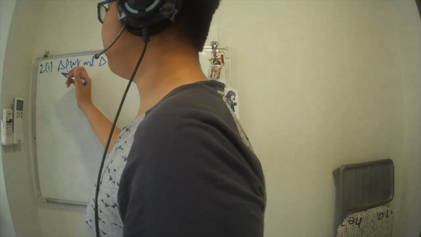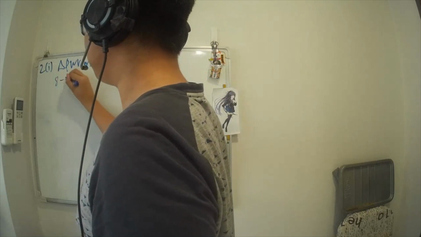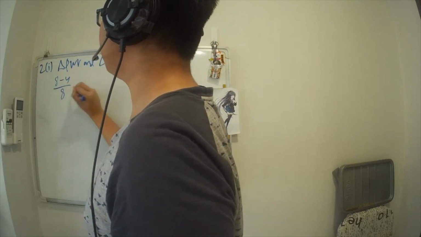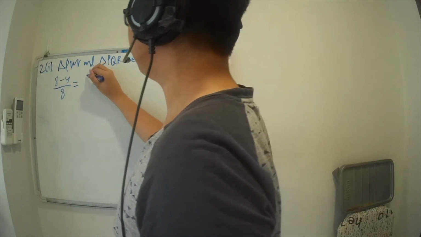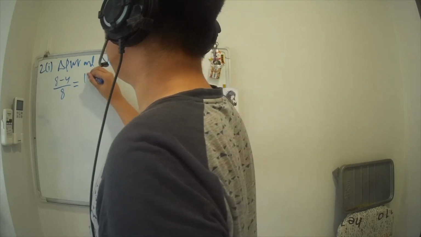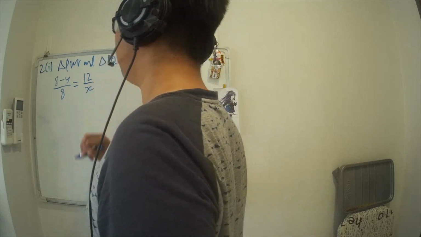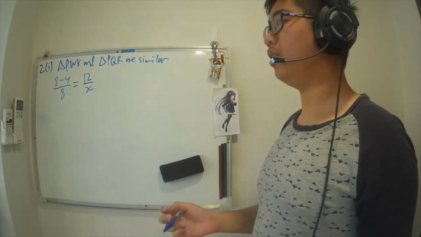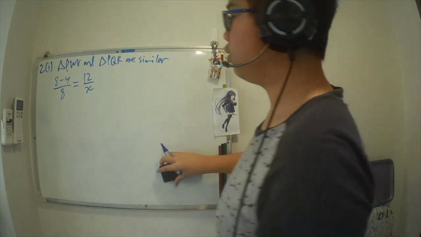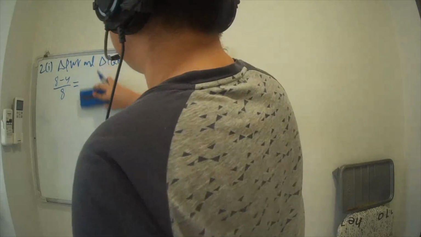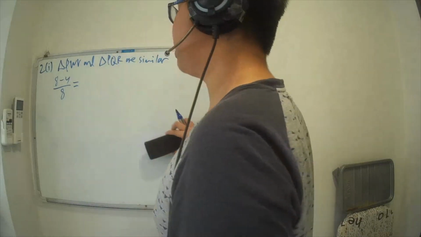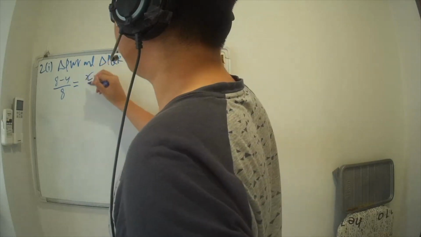We will have 8 minus y over 8 is equal to, sorry, x over 12, because we are comparing the ratios, right?